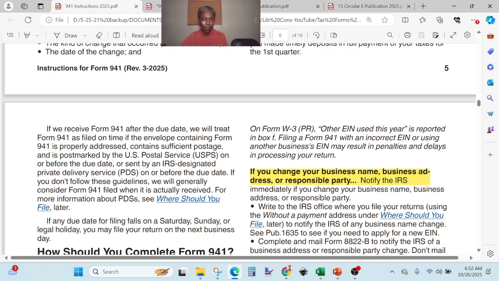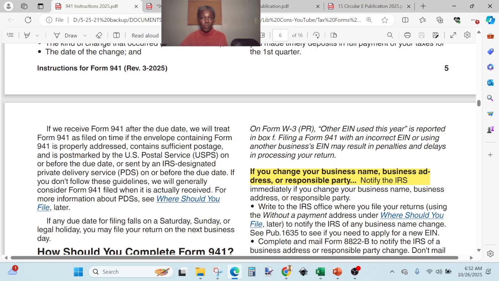Yes, but there could be instances that they could approach you and say, oh, you didn't mail this on time, and try to charge you a penalty. And then you have to call to explain to them that you filed on time, by the due date.